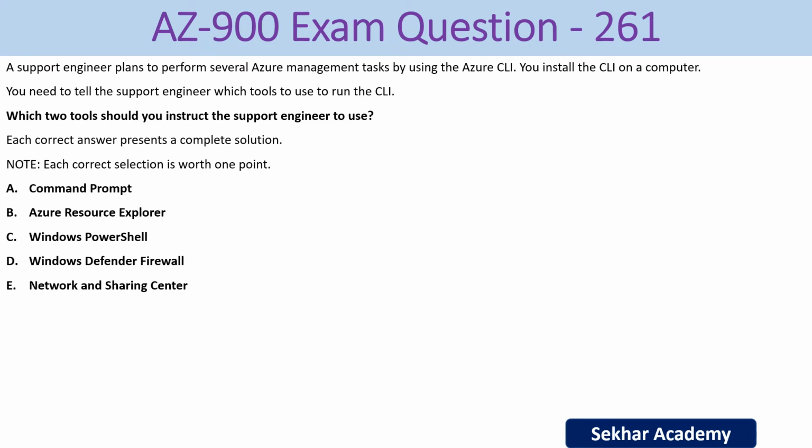Question number 261. A support engineer plans to perform several Azure management tasks by using the Azure CLI. You install the CLI on your computer and you need to tell the support engineer which tools to use to run the CLI. So which two tools should you instruct the support engineer to use?